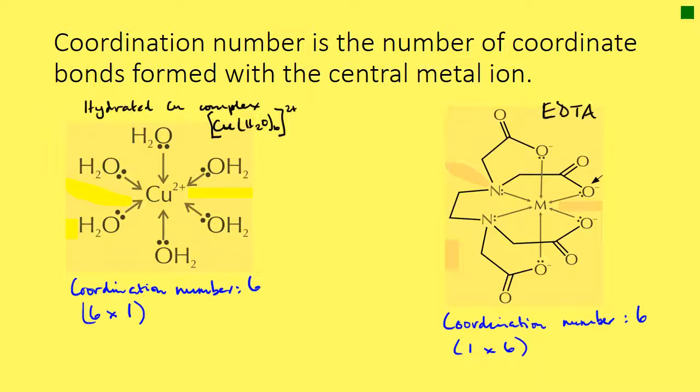We've got a hydrated copper complex, and in fact, if we wanted to write its formula, we'd write Cu(H2O)6, and it's got a charge of 2+, because the water molecules are neutral and the copper ion is 2+.